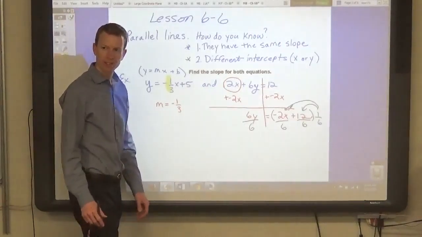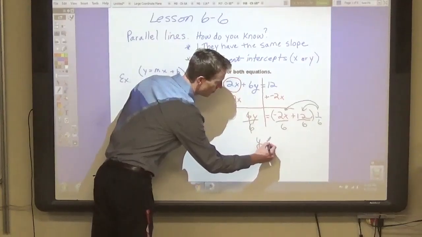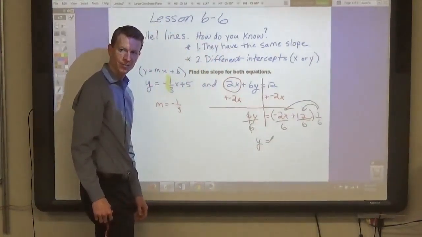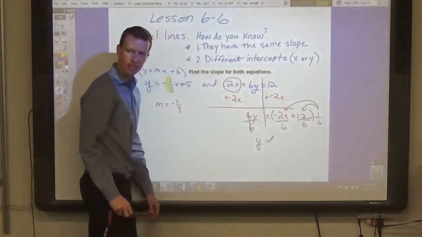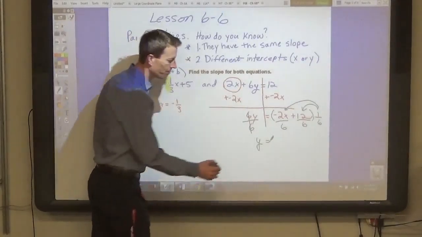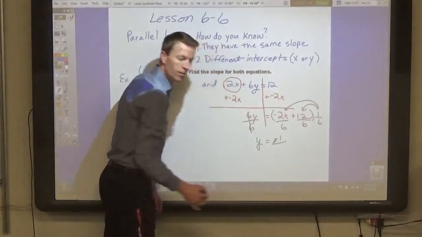Dylan, simplify this. y equals negative 2x over 6, which simplifies to negative 1 over 3 x plus 2.